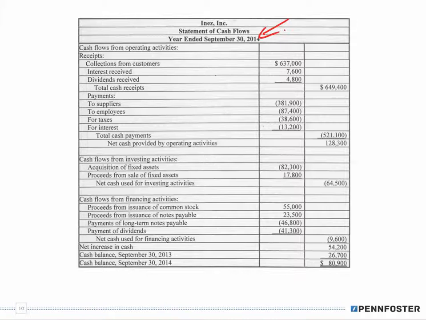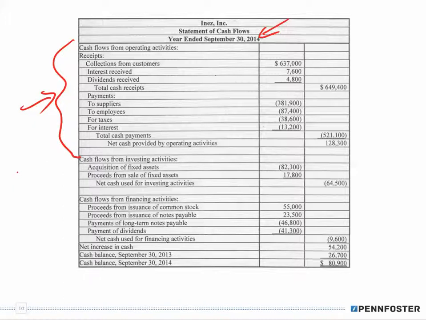Pay attention to the date in the heading, and when you create this, now remember, the indirect method is different from the direct method as it mostly pertains to the operating activities. Okay, it's the way the information is presented.